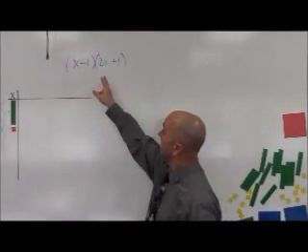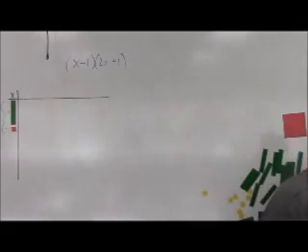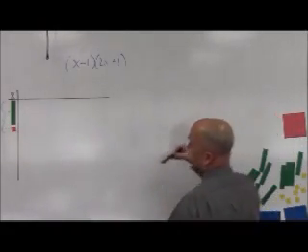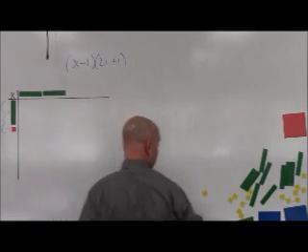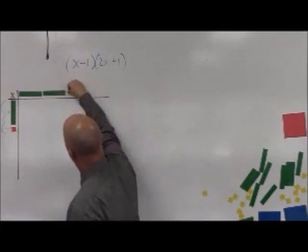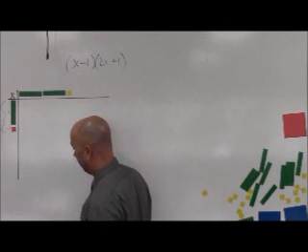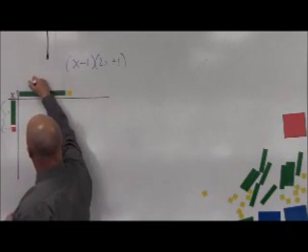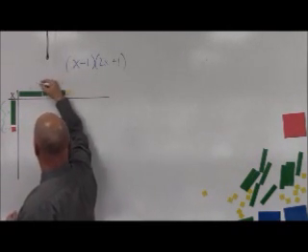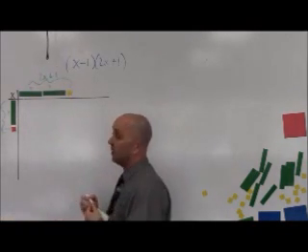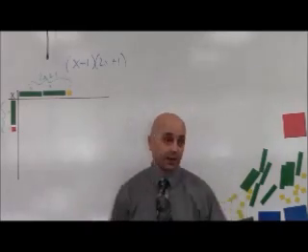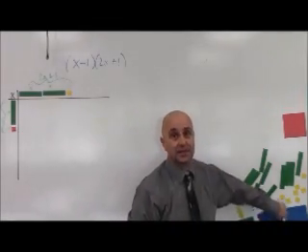Now along the top, I'm going to need 2x plus 1. So I'll put 2 x's, and I'll put a plus 1. So up here, this is x, x, and 1, or 2x plus 1.